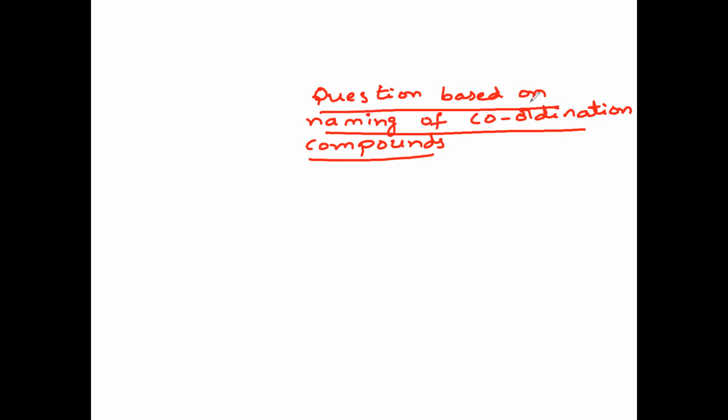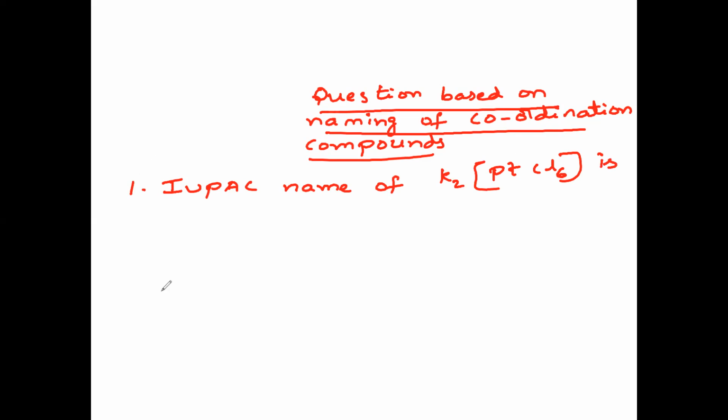Nomenclature. IUPAC name of question number 1: the IUPAC name of K2PtCl6 is. Option 1: potassium hexachloroplatinum. You have to see the options also so that you can understand how confusing they are.